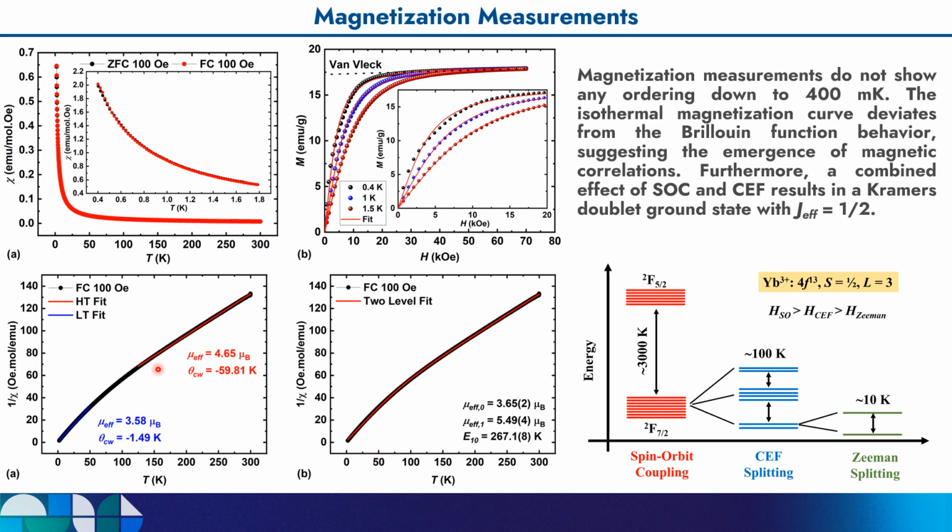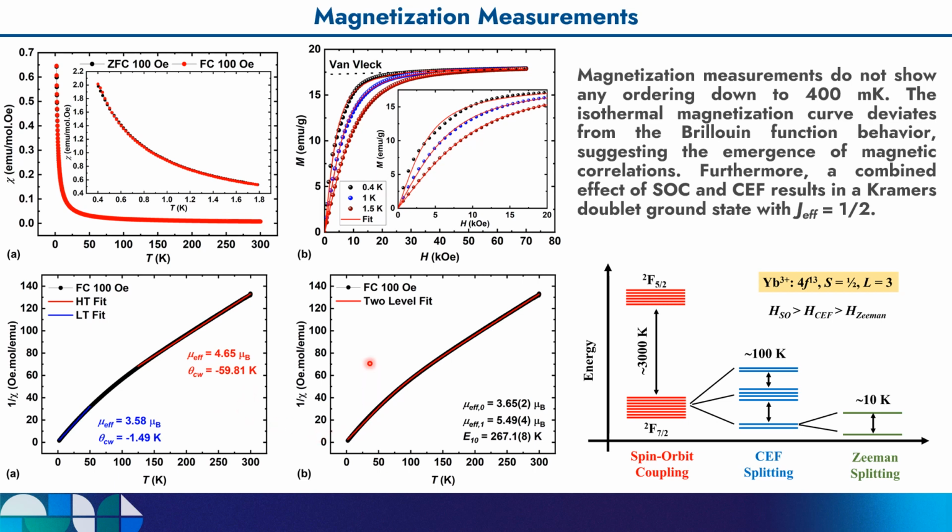Now coming to inverse susceptibility data, you can see there are two linear regions separated by a crossover. I have fitted both the linear regions with Curie-Weiss and found that there is a reduction of effective magnetic moment for Yb ions, and also the value of theta is decreased because of the change in value of J. So this is an indication that J is not constant, it is getting changed, and so we can't use the simple Curie-Weiss.